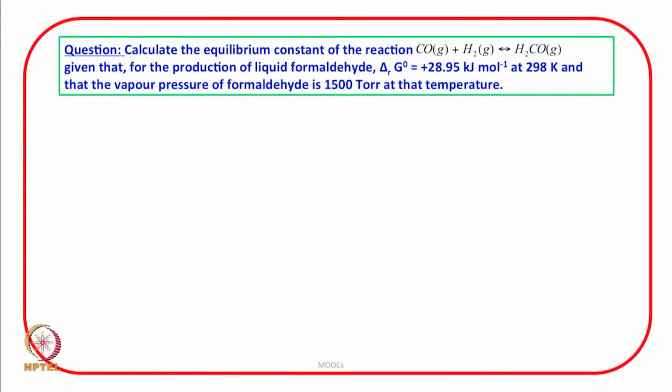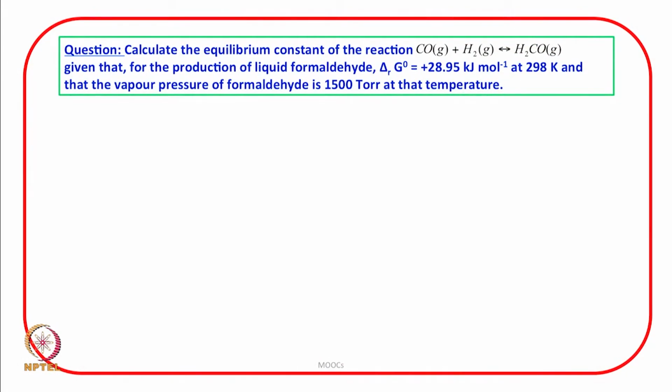How to solve this kind of question? We have been given the information on the standard Gibbs energy of production of liquid formaldehyde, and we have been asked to find out the equilibrium constant for the formation of gaseous formaldehyde.